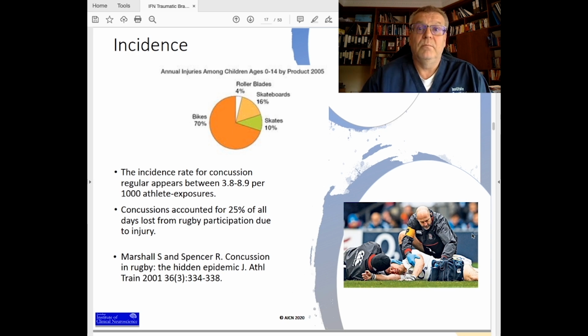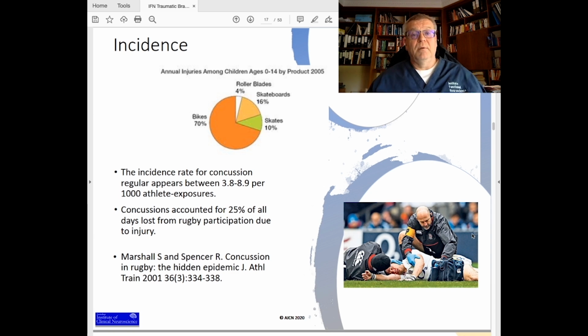Now that can range up as high as 9 in the statistical variance, but you get the picture that there are going to be concussions from contact sports. It's just a matter of how bad they are and how many happen.